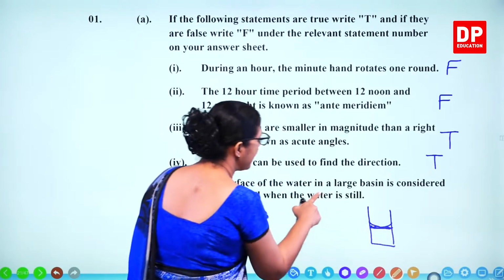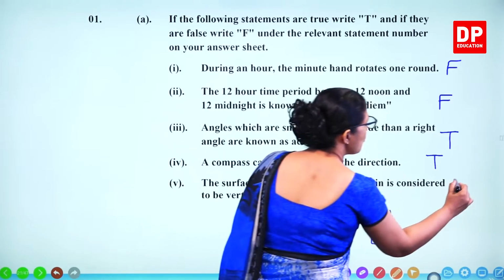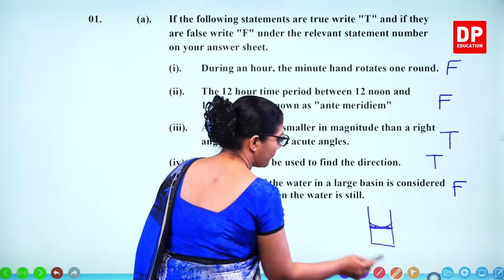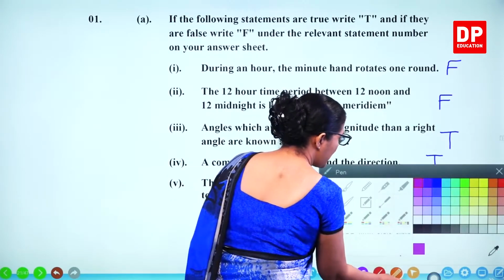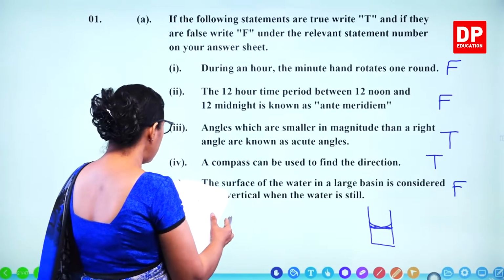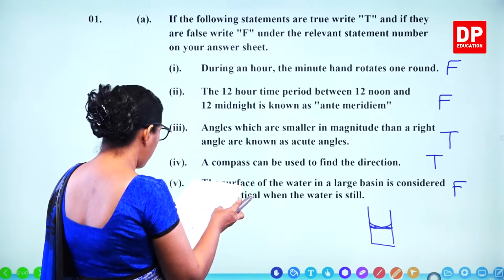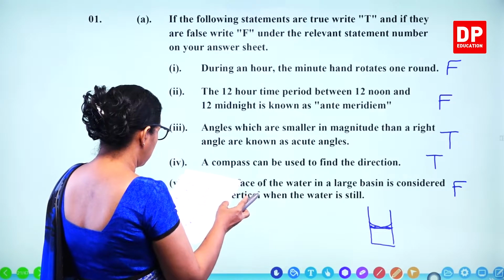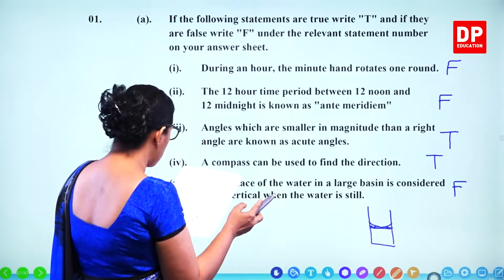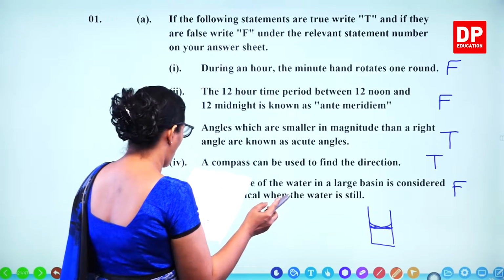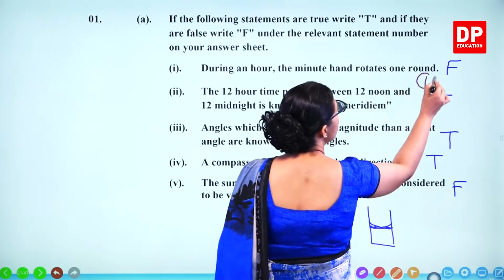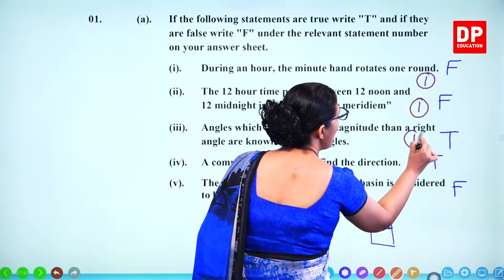That's horizontal, not vertical. So that's false. So how many marks for that? Each question you are getting 1 mark. So false, false, true, true, false. So 1 mark each. So 5 marks for that.